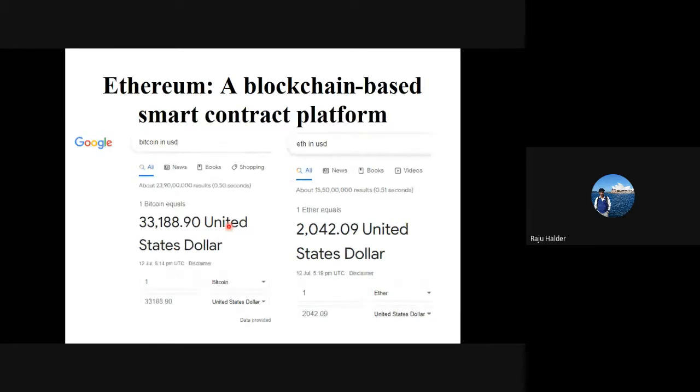But when I search, I find there is a lot of difference in the market price, because Ethereum, even though it supports application development, has its own native currency also, called Ether. So that Ether amount is very low, but still it's the second most popular blockchain platform in the market. So even though the price differs quite a lot, why is Ethereum so popular?